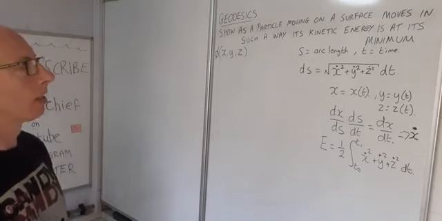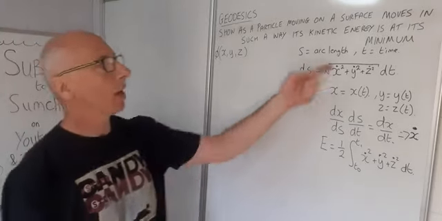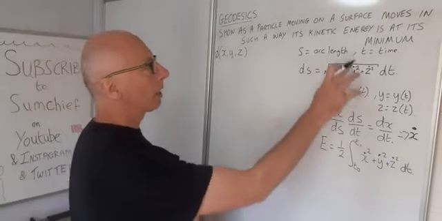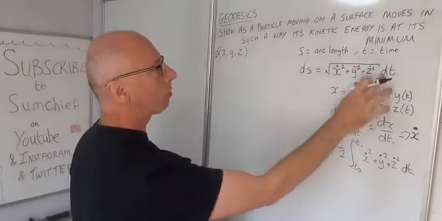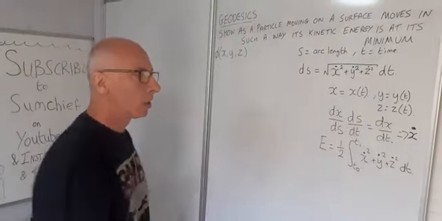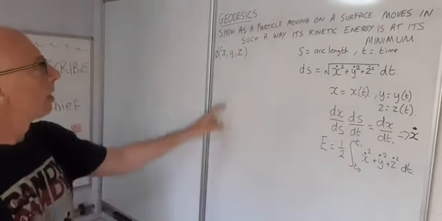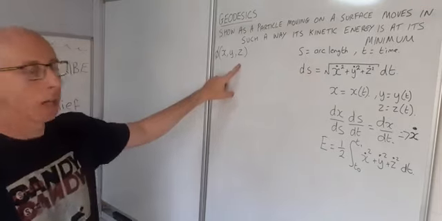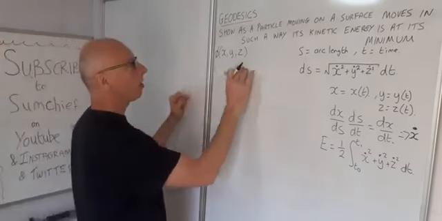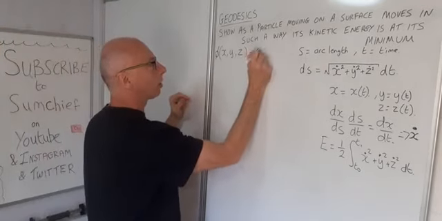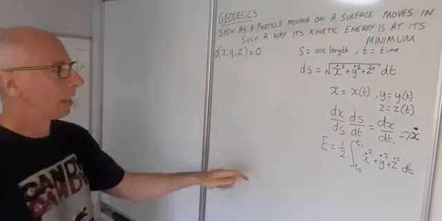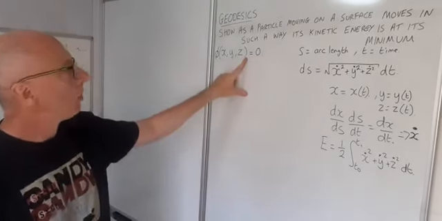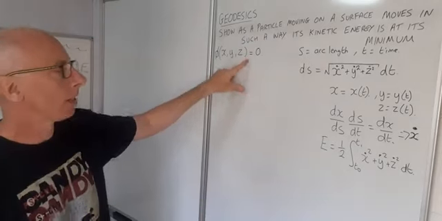Okay, so now how are we going to find these at the minimum? So what we need to do is, for the energy and the movement, we need to set both of them to 0. So our arc length, we're going to minimize it. So basically we want to set our arc length to equal 0. And the energy needs to be minimized as well with this parameter in mind.